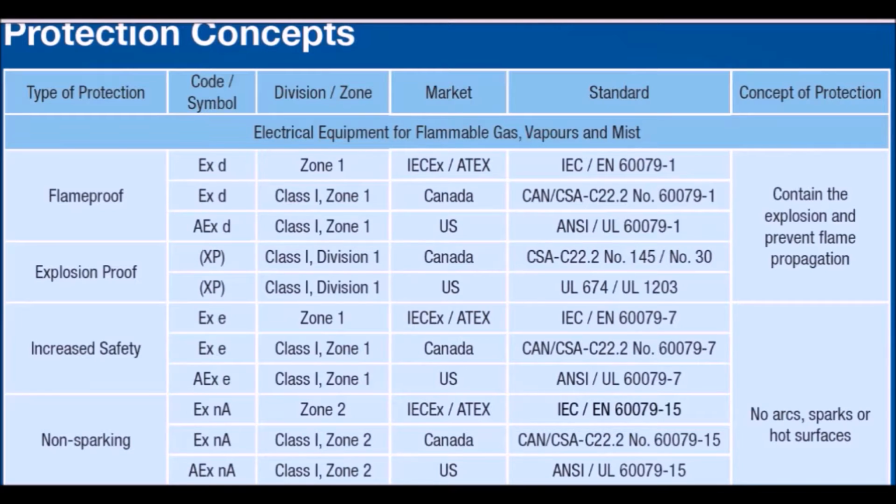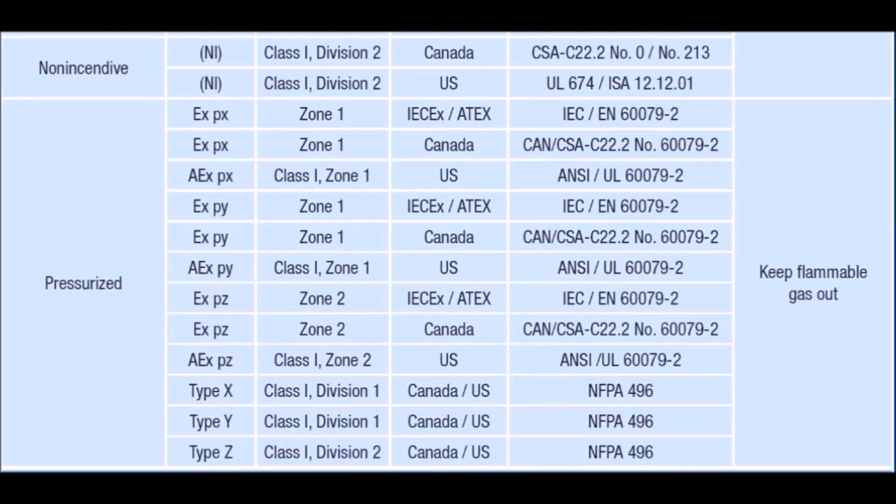Also, we have increased safety EXE and AEXE with non-sparking EXNA and AEXNA. And then there's non-incendive, NI, Class 1 Division 2. Those items have no sparks or hot surfaces.